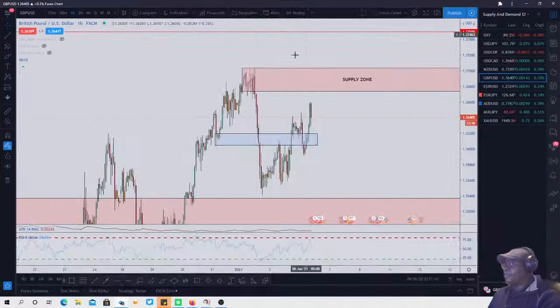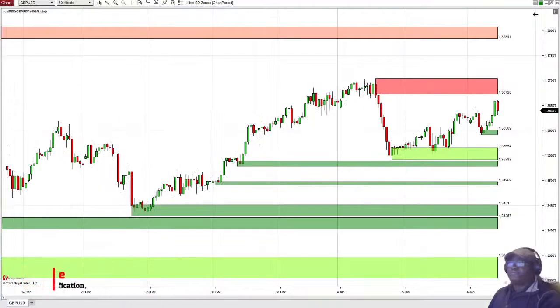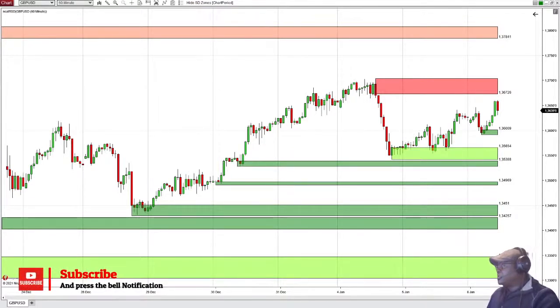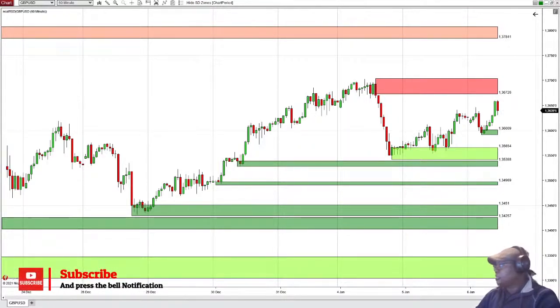If you're wondering what I am doing, I'm trying to set an alarm on TradingView. Alright, I'm expecting it to reach 36.72. That's what I'm expecting.